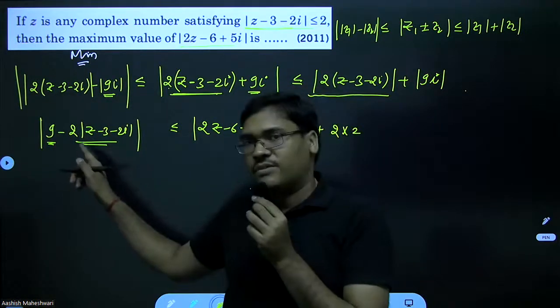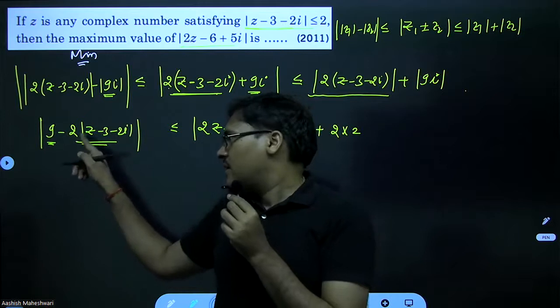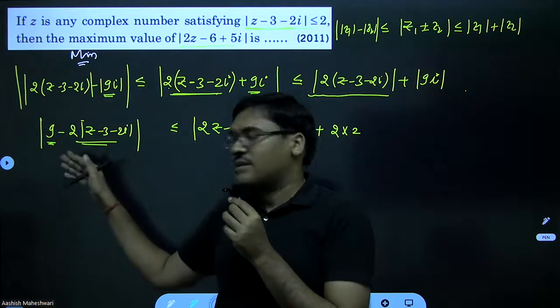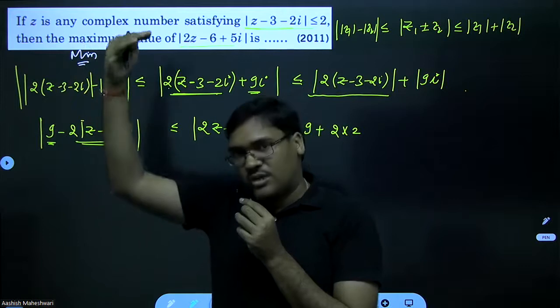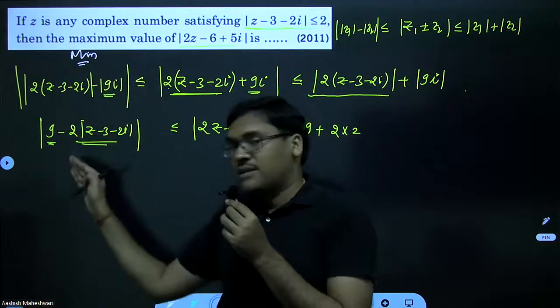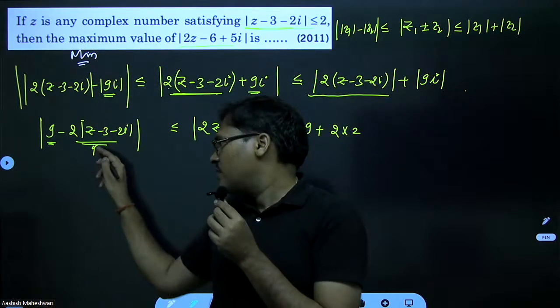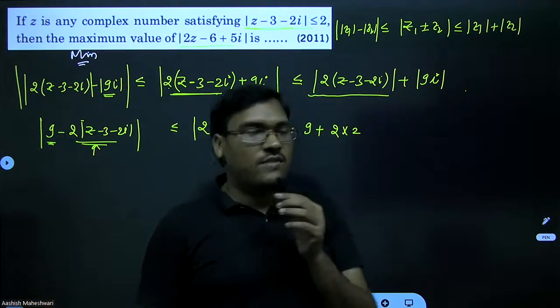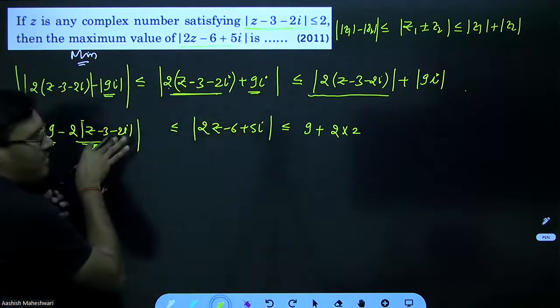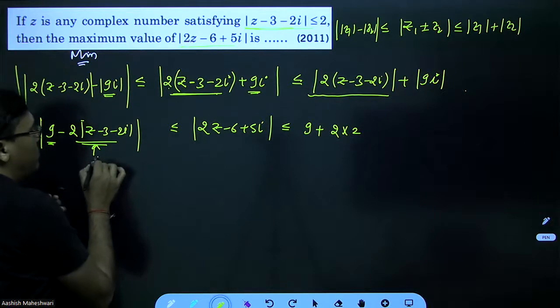You are subtracting something from 9, and to make the result minimum, the subtracted quantity should be maximum, because the more you subtract from 9, the smaller it becomes. We want to minimize this, so we put the maximum value, which we saw is 2.